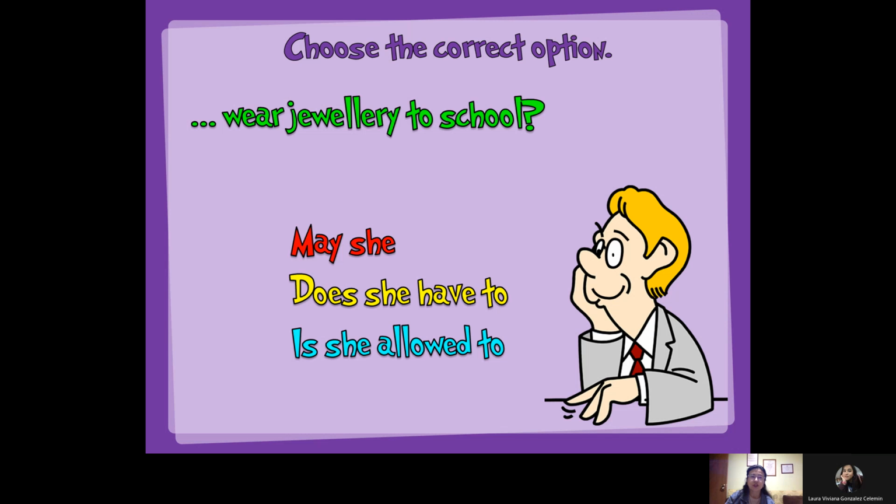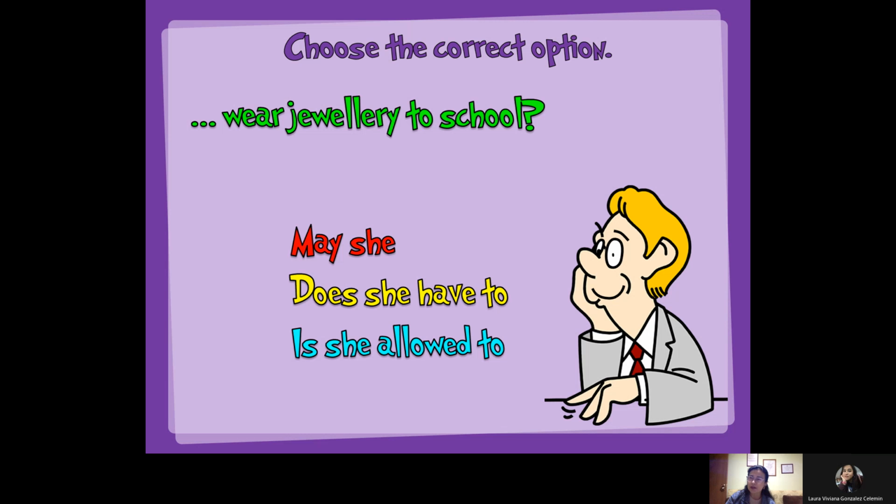Choose the appropriate option. It's a question. May she wear jewelry to school? Does she have to wear jewelry to school? Or is she allowed to wear jewelry to school? Jewelry means accessories. It's the same.